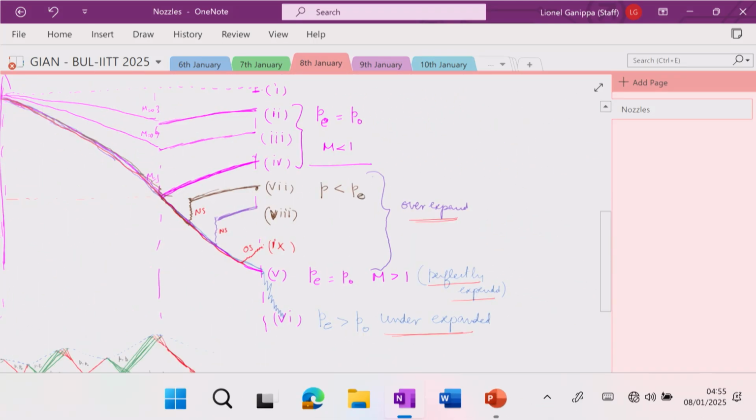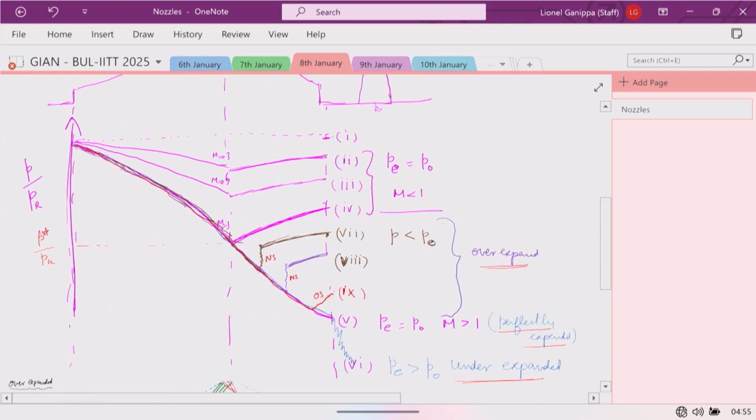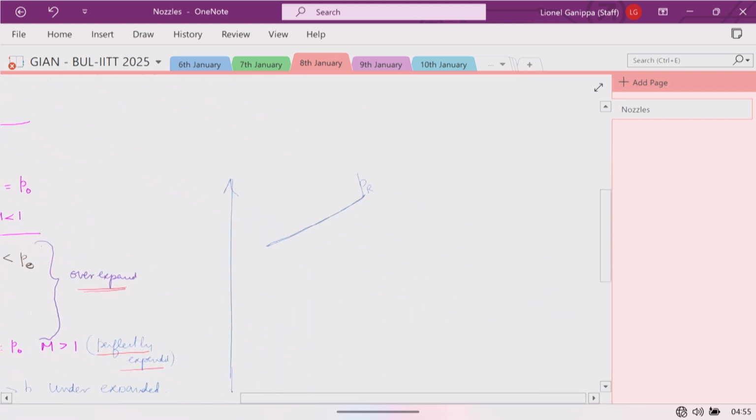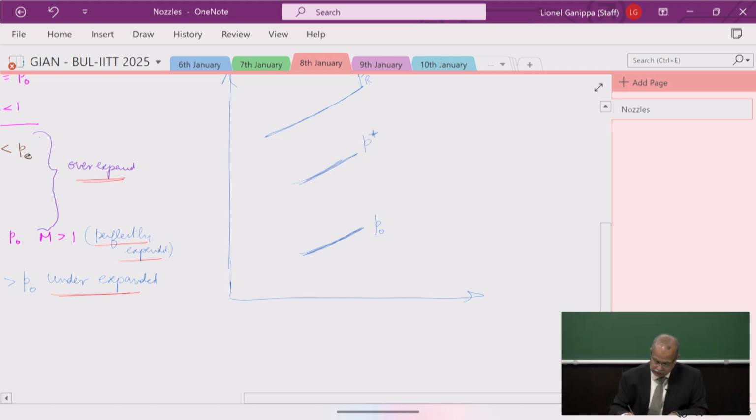So this phenomenon, if I represent this on a very fundamental level: if this is the pressure of the reservoir in this experiment, and then it expands to the ambient pressure. In the process, the flow gets choked. P star, I'm looking at a simple isentropic case here.